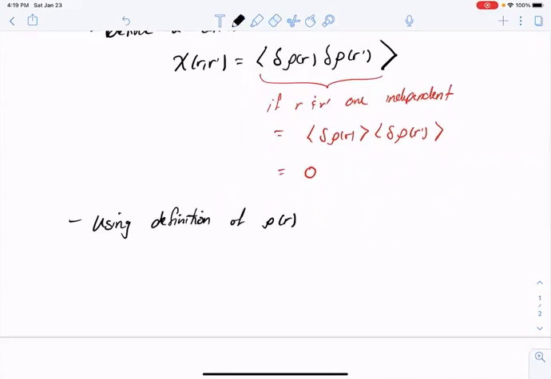So noting the definition we had above, we can write chi of r and r prime as an average of a sum. Now I have two factors of rho. Rho is defined as a sum, so I need to introduce another dummy variable. I have a sum over i and j.